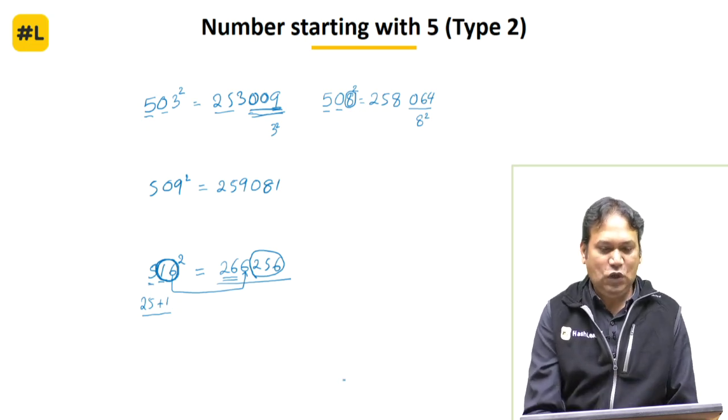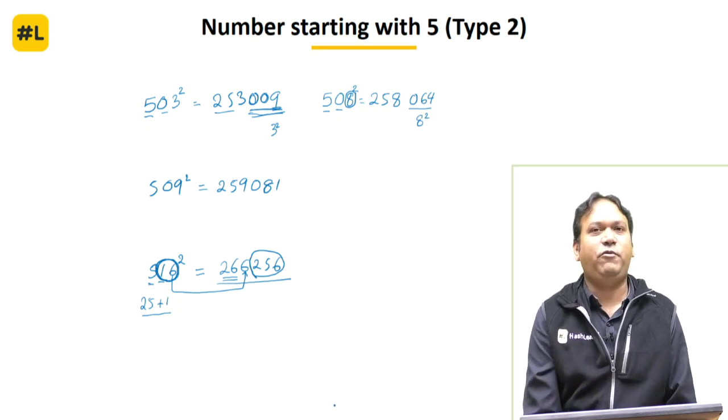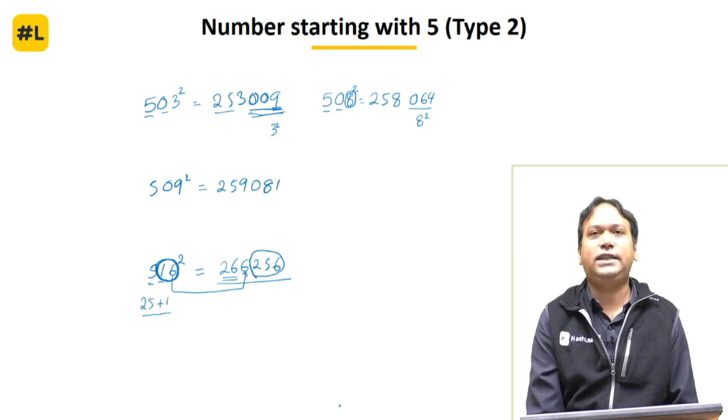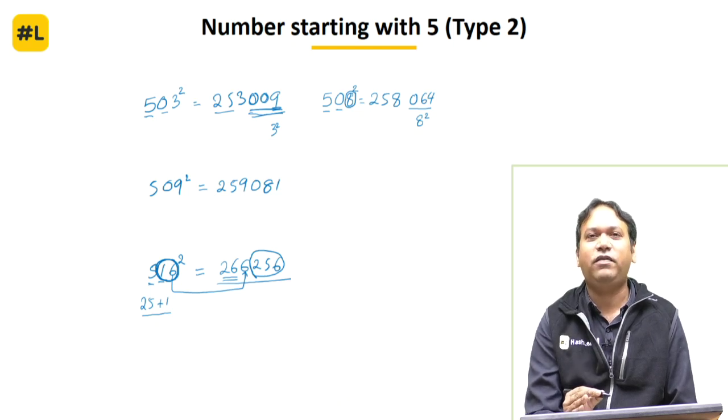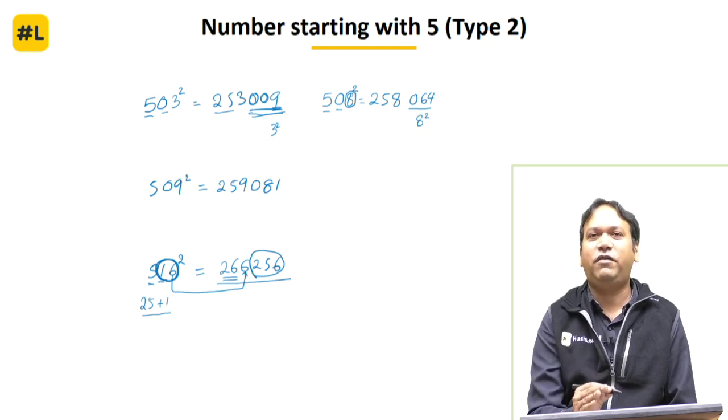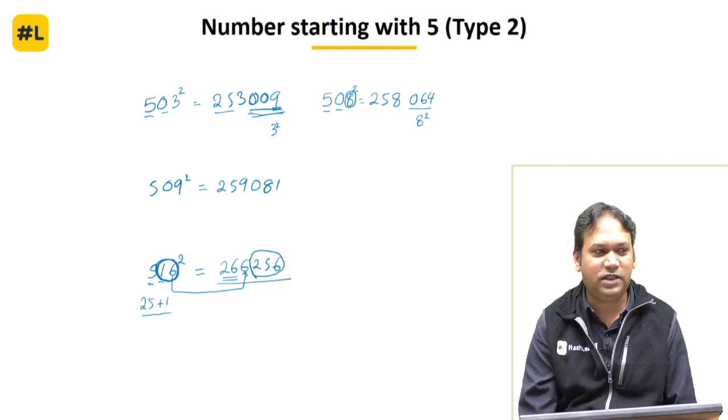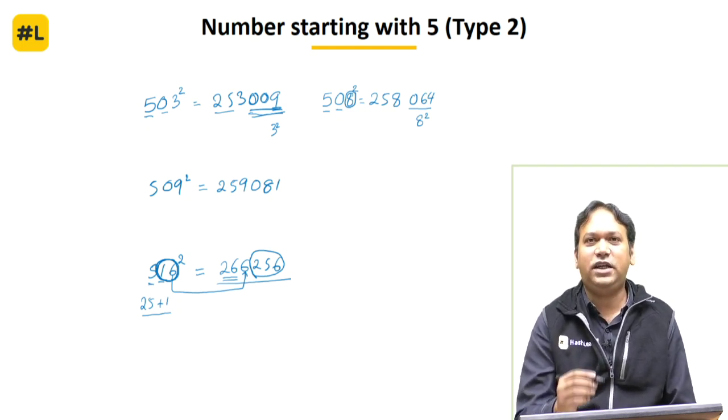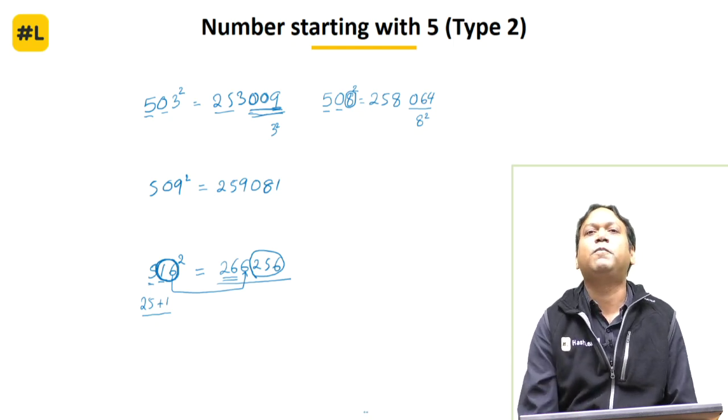Yes, Vishaka. So we have now seen type 1 as well as type 2, and this makes calculating for numbers ending in 5 and numbers beginning with 5, for both 2-digit numbers and 3-digit numbers, the easiest thing for you from now onwards.